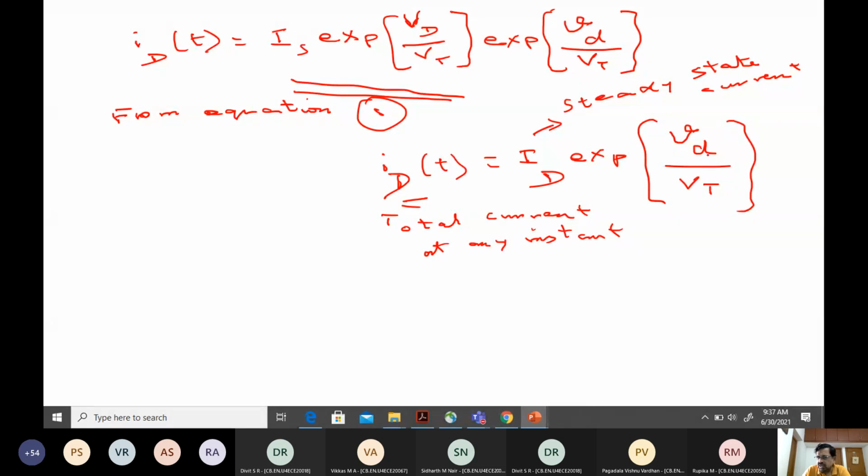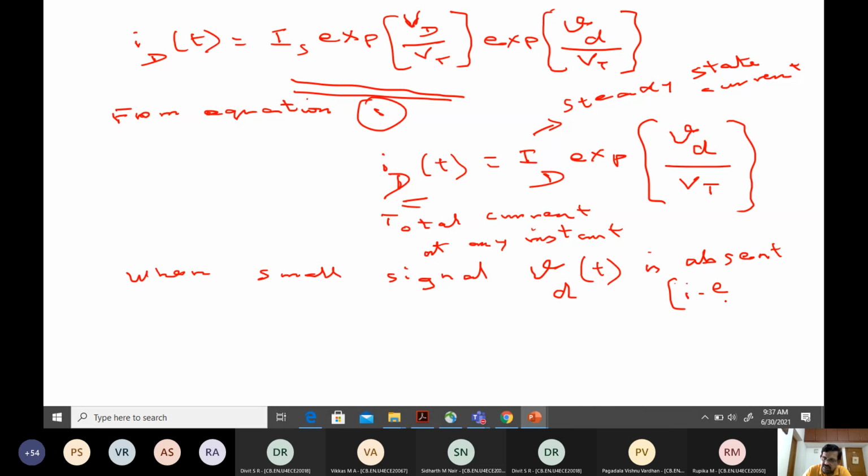Now you look at this term here, when in small signal, of course this is a function of time, small signal v_d of t, I have not written as a function of time here, is absent, which means we don't superimpose the small signal over the DC.